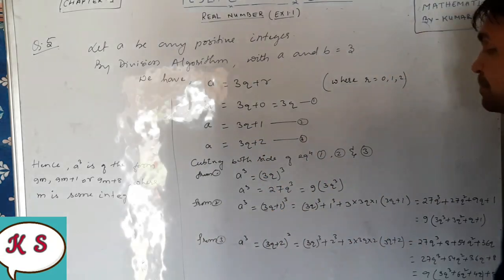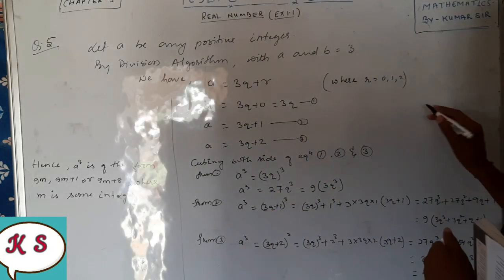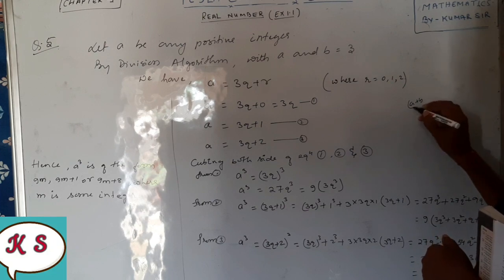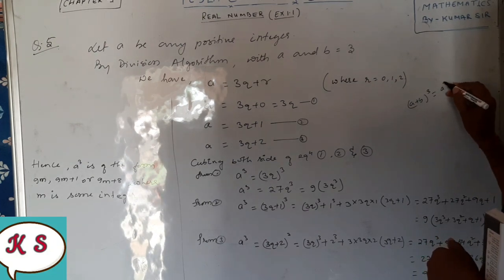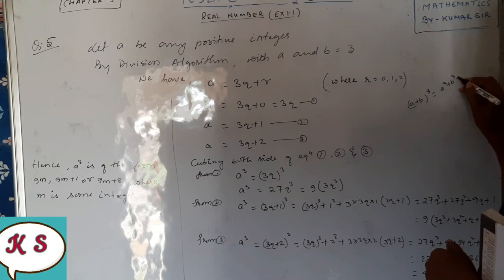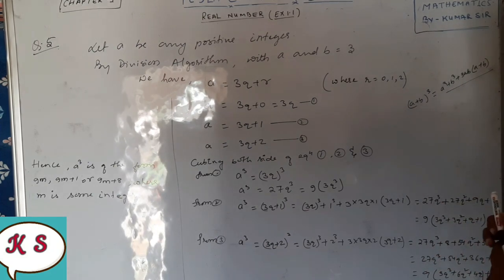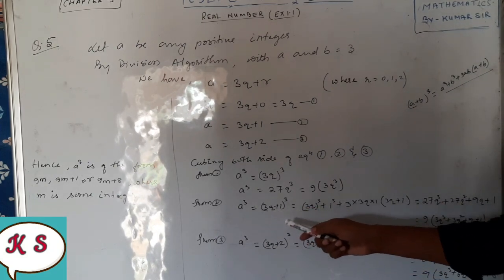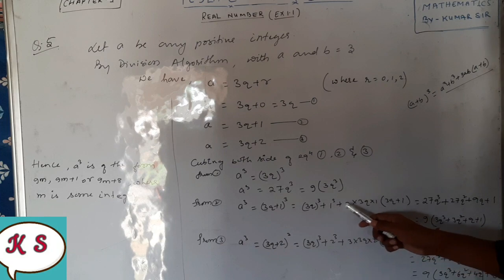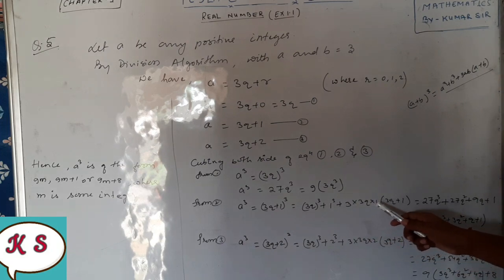Now from equation 2, a cube is (3q plus 1) the whole cube. Remember, students, the formula for (a plus b) whole cube is a cube plus b cube plus 3ab into (a plus b). This is the formula we have used here. So a is 3q: (3q) cube plus 1 cube plus 3 into 3q into 1 into (3q plus 1).